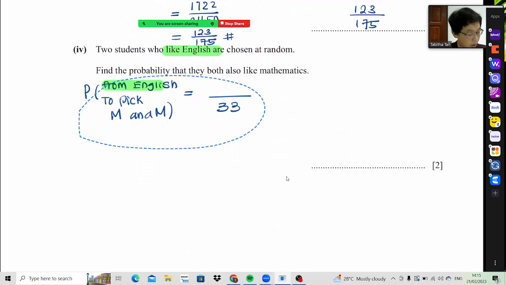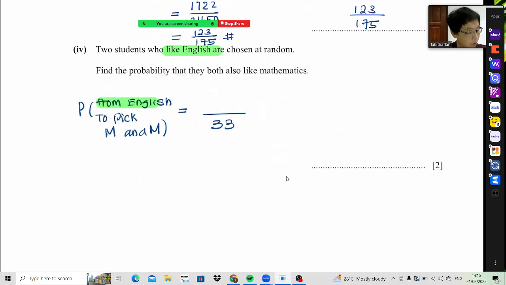Let me note the first and second for you. This is when you pick the first time, and when you pick the second time. When you pick the first time, the total students is 33, and you set the student aside, and when you pick the second time, the total of the English that you are going to pick from is no longer 33, but one student less, which is 32.